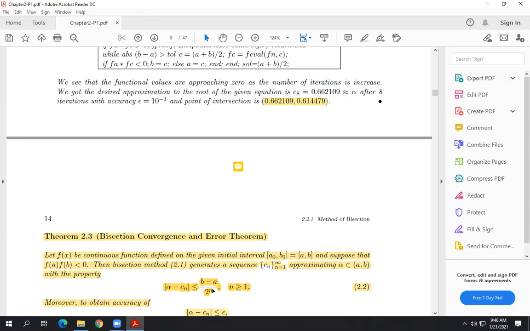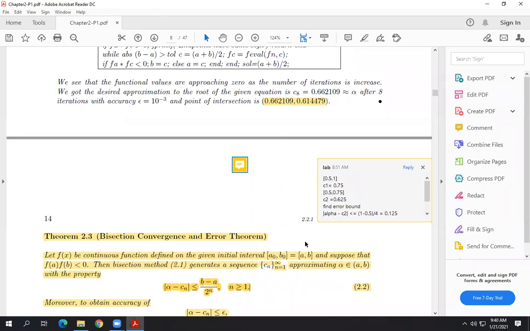But here a student is always confused. You remember that one? For finding C1, what was the interval? The last example was 0.5 and 1. Yeah, 0.5 and 1. And we find C1. When we find C2, what was our interval? 0.5 and 0.75.